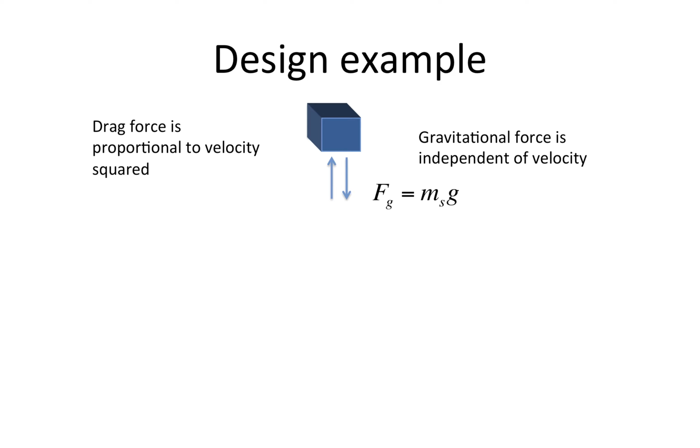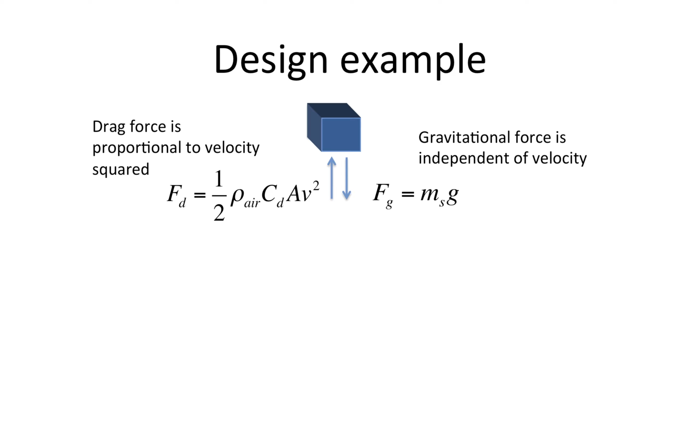A specific equation for the drag force is that the drag force is 1/2 times the density of the air through which the object is falling times a dimensionless coefficient of drag times the cross-sectional area of the object that's falling times the velocity squared of the object that's falling. And this force always opposes exactly the velocity.